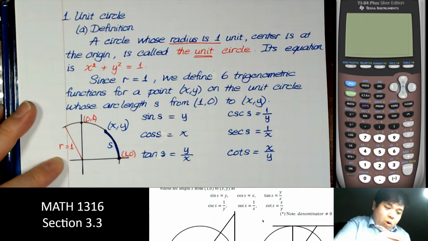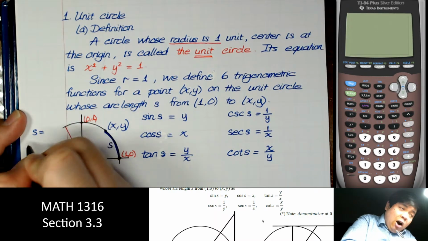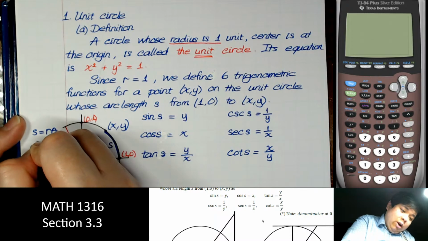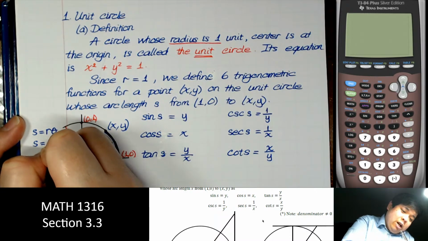And since r equal to 1, the arc length equals r times theta, so we have s is equal to theta.